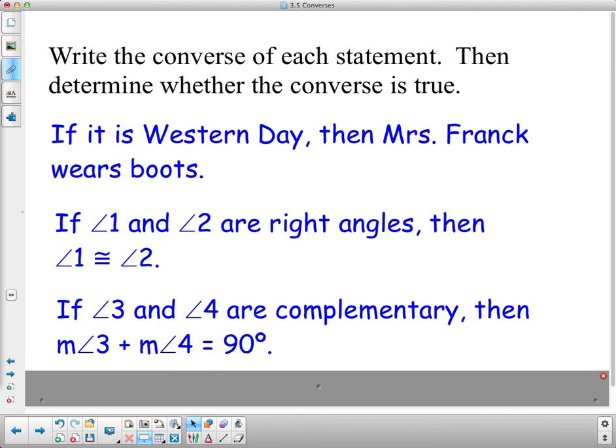Okay, and bottom one, again, we're doing the converse and then trying to figure out if that converse is true or false. Okay, what's the converse sound like? Converse. Take the hypothesis part and the conclusion part and switch them.